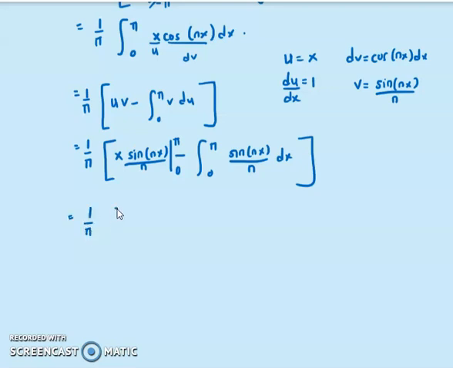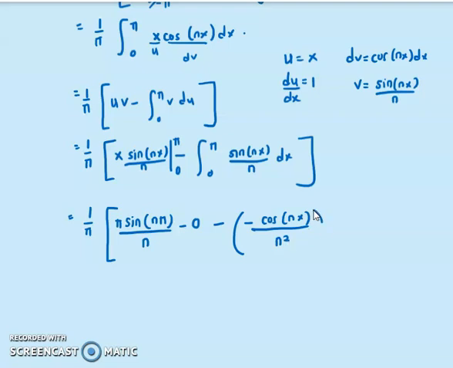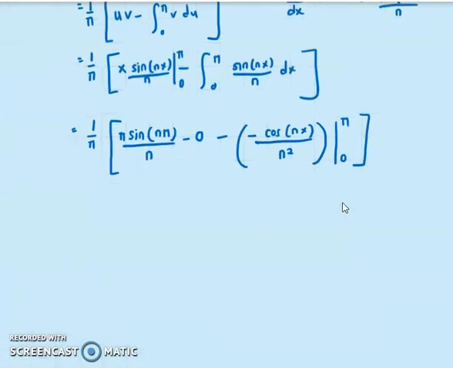Now for this one I would like to substitute my pi. So I have pi sine n pi over n minus 0, and then minus, now integrate this, give me negative cos nx over n squared. Okay, I hope you are with me.